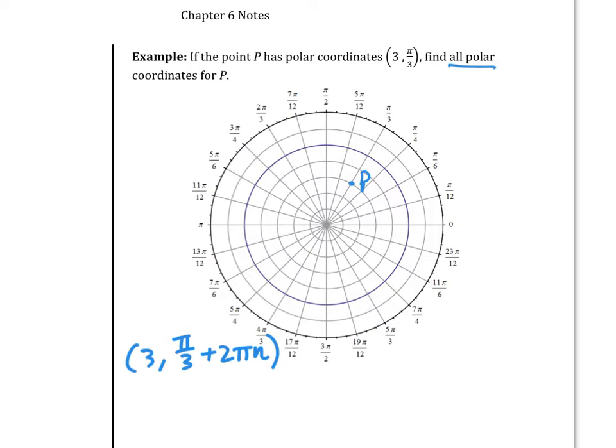I can also say 3, and then, we stopped at pi over 3 here, and then I can say, oh, let's go backwards 2 pi n. Well, that would be exactly the same as this one.